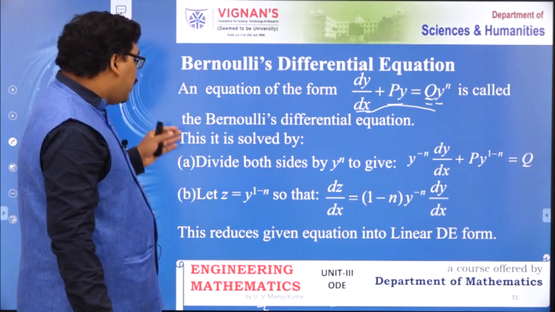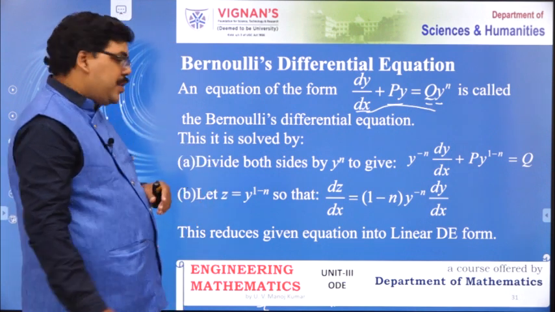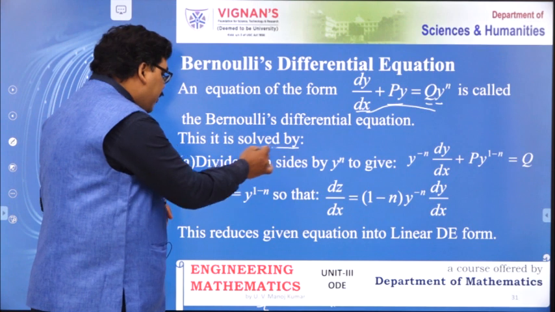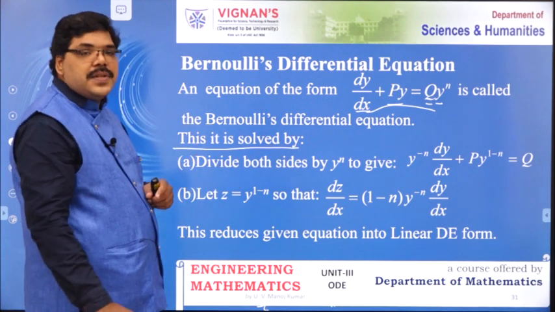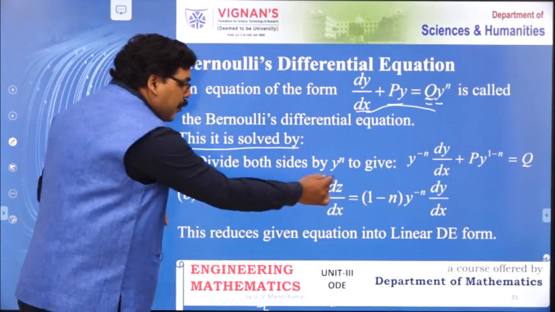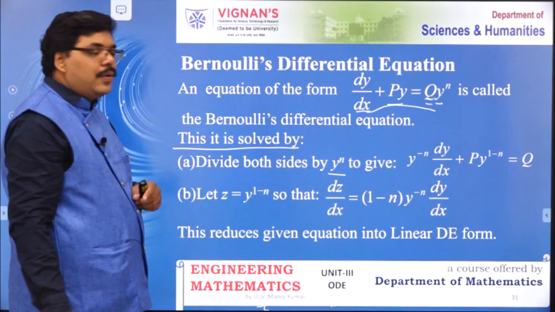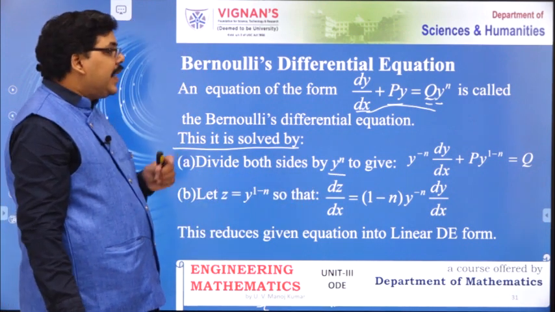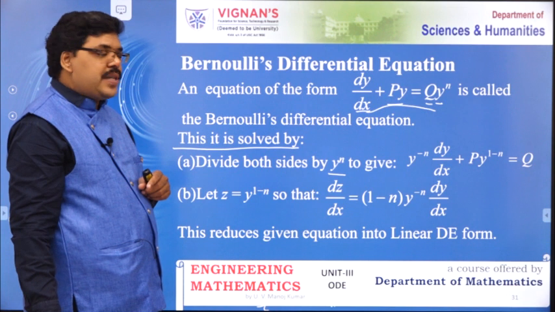Okay. So, now how to solve this differential equation? It is solved by the following steps. What is the first step? What is extra on the right hand side? Y power n. So, divide the entire equation by y power n on both sides.